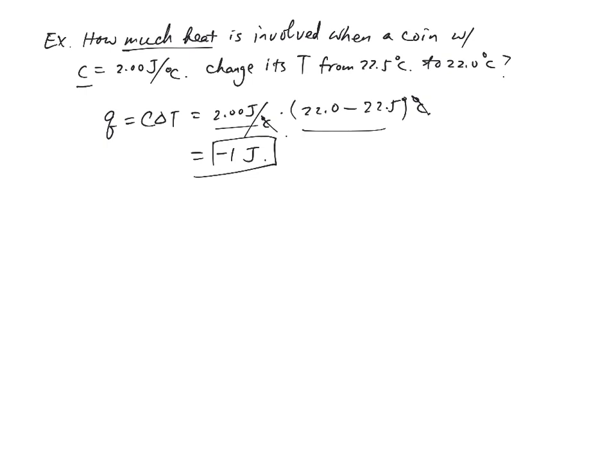Negative Q simply means my object, in this case the coin, is losing heat. Your temperature went from a higher temperature to a lower temperature. Your thing is cooling down, and as you cool down the object, where did the energy go? The energy is released to the environment. So negative Q simply means the object or substance is losing energy, losing heat.